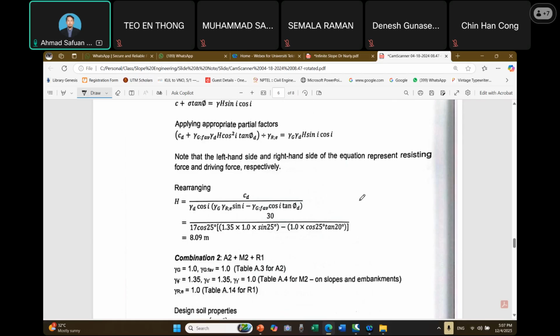It is similar to what we have seen in the slide to determine H critical.